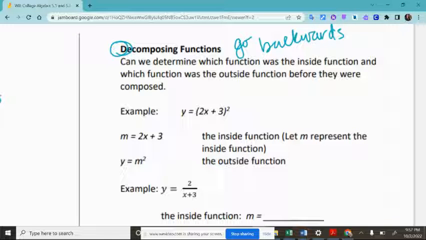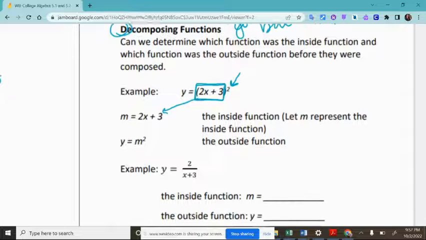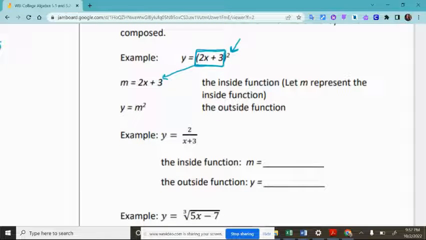Okay? So example, y equals this. We can think of this as the inside function and the squared being the outside function. Okay? So we do it on this one.